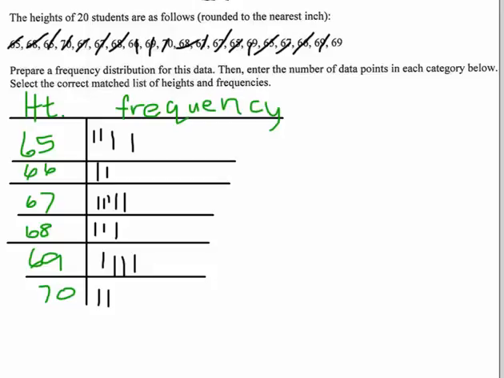Alright, and then you can mark off what your tally is. You had 4 65s, 2 66s, 5 67s, 3 68s, 4 69s, and then 2.